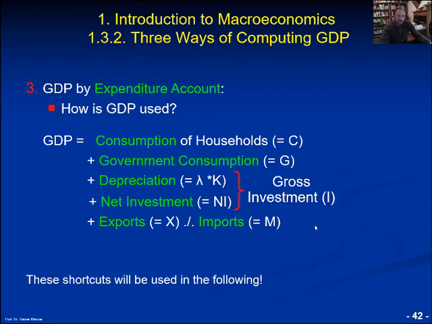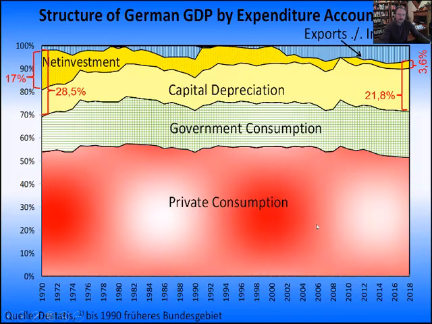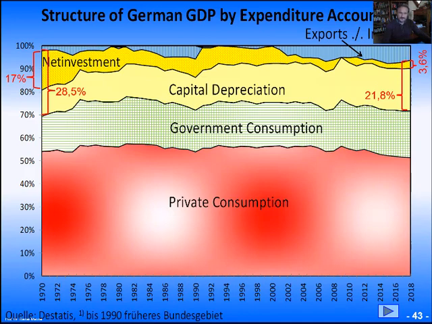Okay, now let's have a look at how the German GDP is composed quantitatively according to the expenditure account. The largest shares of the expenditure account, private consumption and government consumption, are relatively stable. Most dynamics are observable with regard to investment shares and net exports. At the beginning of the diagram in the year 1970, nearly 17% of GDP was net investment.